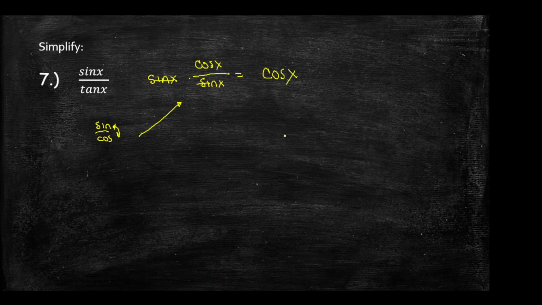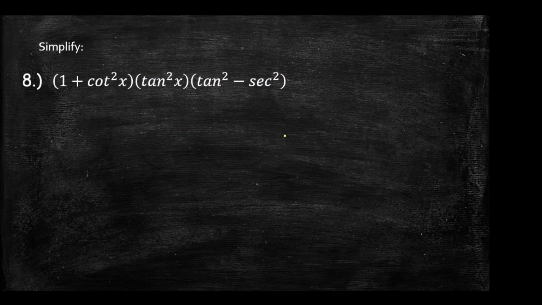All right, let's get something just a little bit more complicated because I want you to see how in-depth you can get with these. So 1 plus cotangent squared x is actually cosecant squared x, right from my identities, okay? And then tangent squared x, I'm not going to touch that at this time. And then tangent minus secant squared x actually equals -1. Now what can I do with this? Well, let's break these guys down.